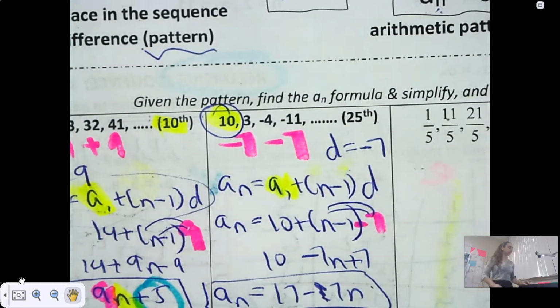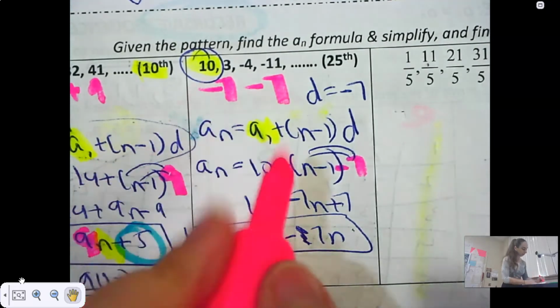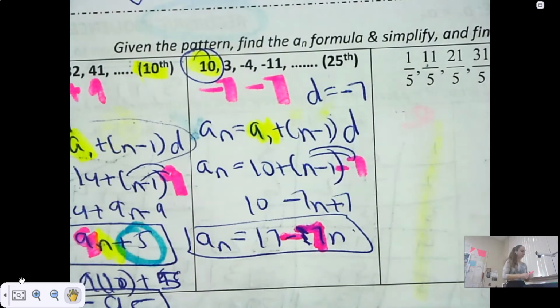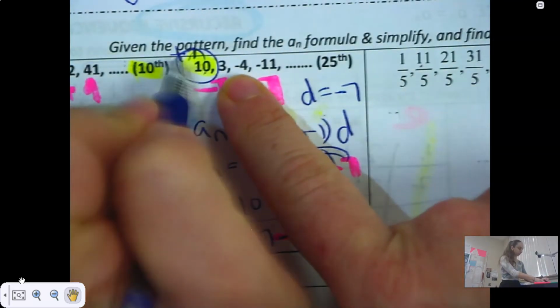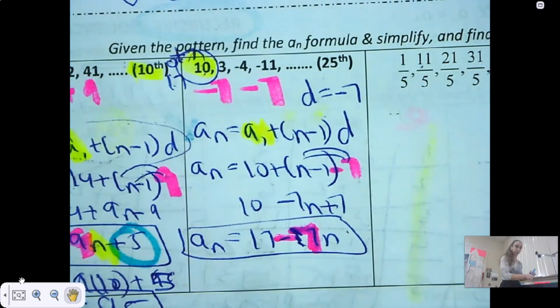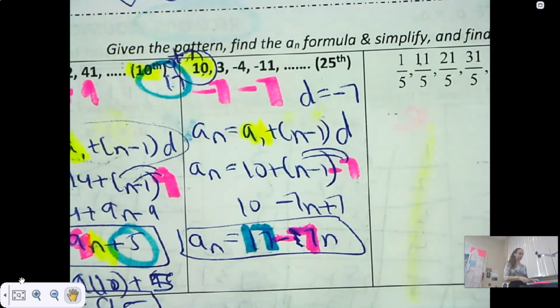Okay? And then some of you go, why are you doing that, Ms. Rifkin? The pattern is here. And then if this is minus 7, I just go plus 7. 10 plus 7 is 17, and that's the 0 term. You want to do that? Great. You want to do it this way? Great.